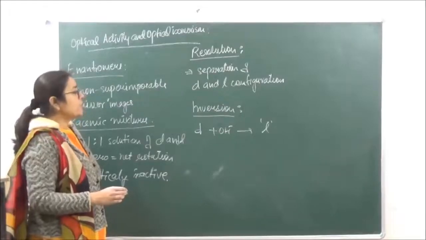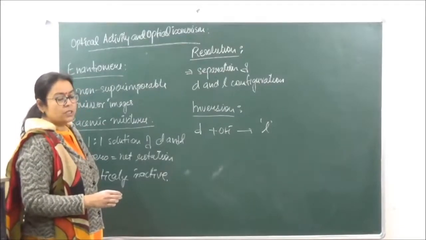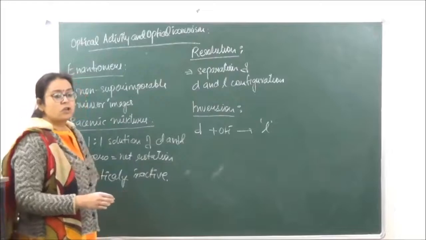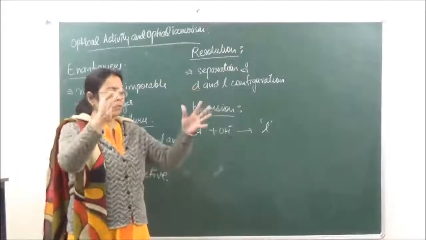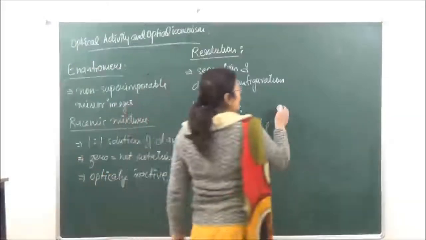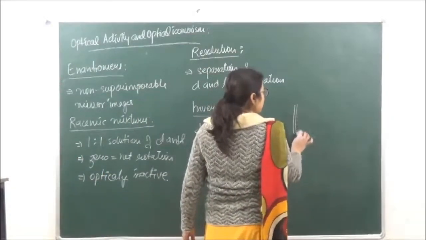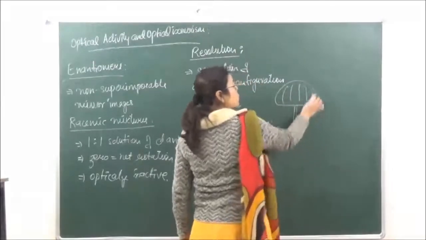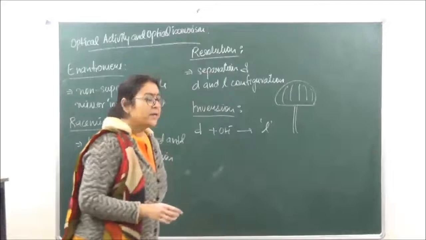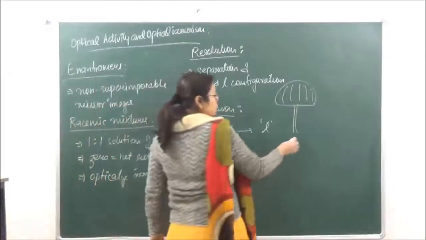So when D changes to L after reaction, that is known as inversion of configuration. It's just like an umbrella which is turned upside down. If we have an umbrella, this is how your umbrella is going to look like. Let's say that this is D configuration.